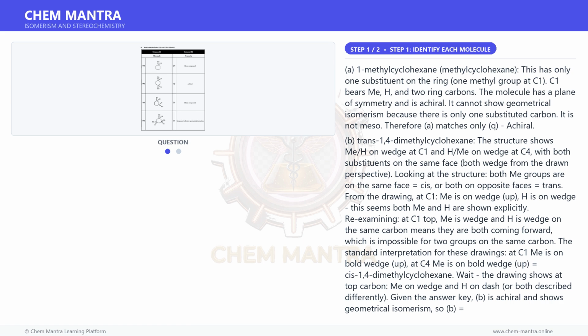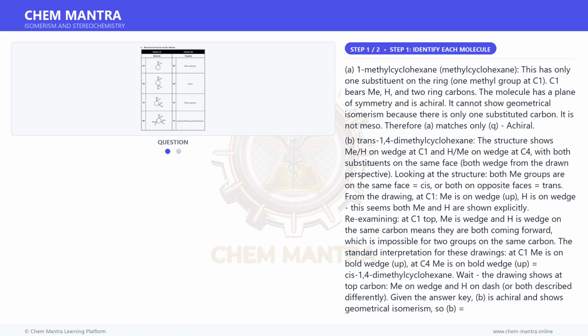D. 1,3,5-trimethylcyclohexane. The structure shows 3 methyl groups, with all 3 on the same face, all CIS, or in a 1 up, 3 up, 5 down arrangement.